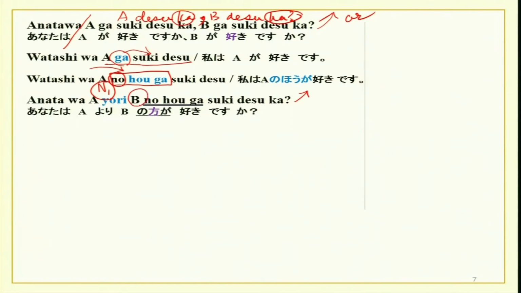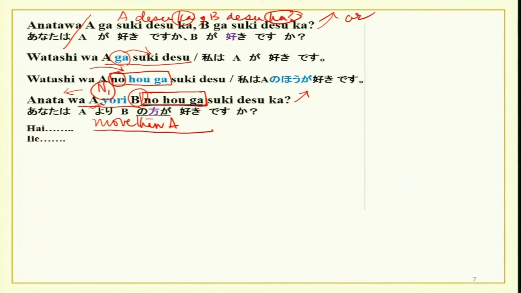So, you prefer B to A. Now it is very clear with hou ga that your preference is very, very clear when you use yori, A yori, more than A. Now two things are there, and more than A, I prefer B, I choose B. So, with the same question you can answer in different ways, all in a broad sense meaning the same, but the understanding by the listener, or what you want to convey, could be very different.